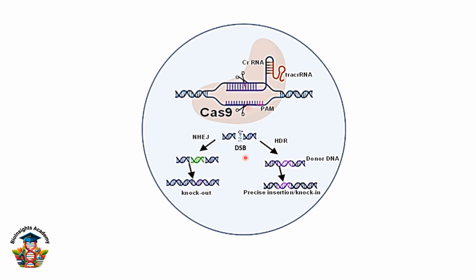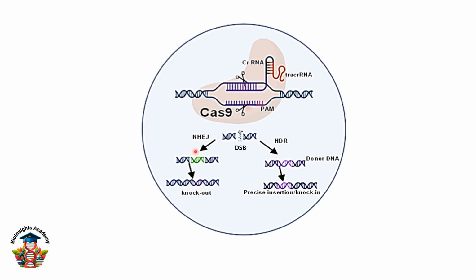After the double-strand break is created, the cell's natural DNA repair mechanisms are activated to repair the break. There are two primary pathways for repair. One of them is NHEJ, which is non-homologous end joining.